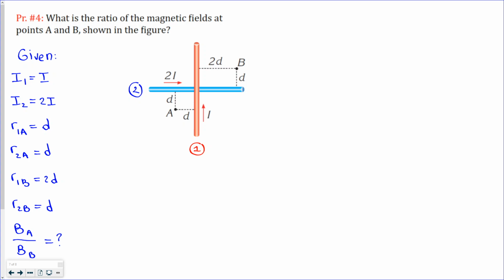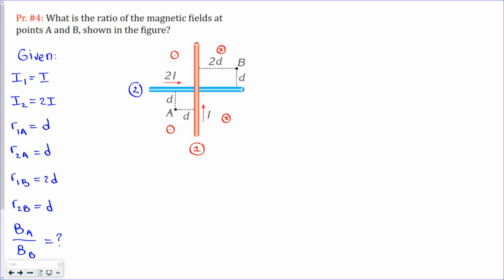So from the right hand rule, the right side of the wire has a magnetic field with the direction into the page, and the left side has a direction of the magnetic field which is directed towards us. What about the second wire?